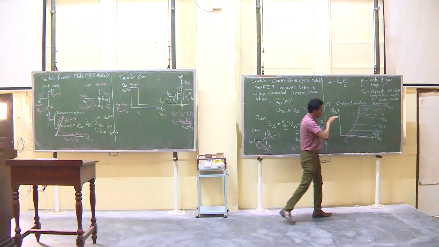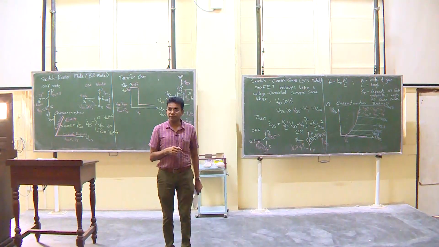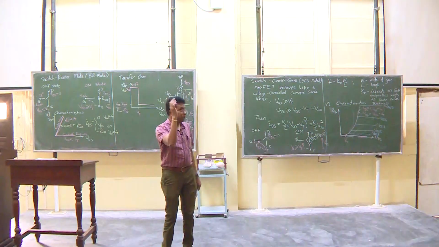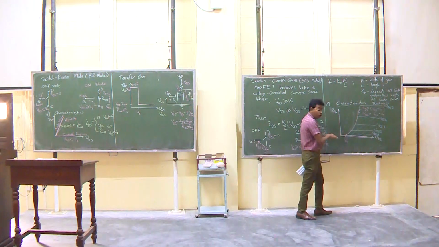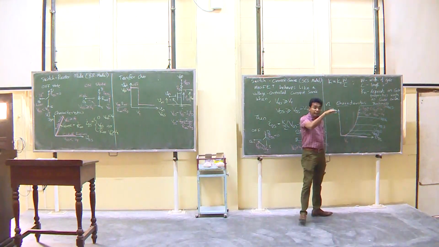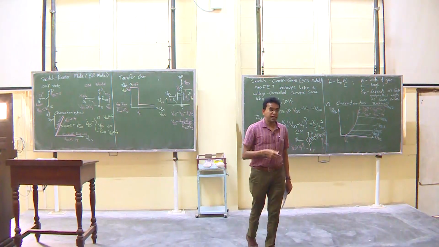VGS5. So these parallel blue lines represent the characteristic. It's not just one. Earlier you had something like this, but now they are completely different. They have straight parallel lines, and that depends on VGS as well.